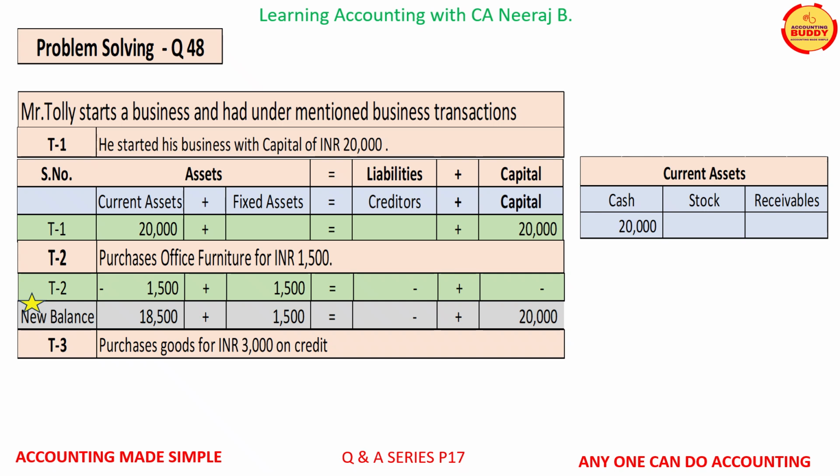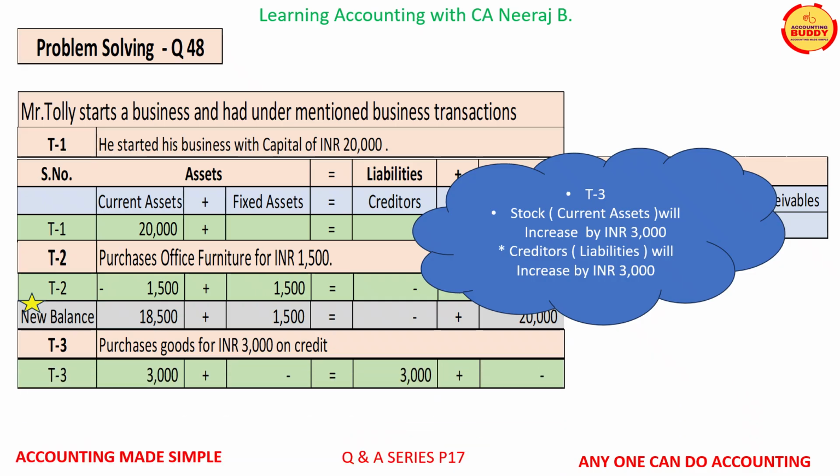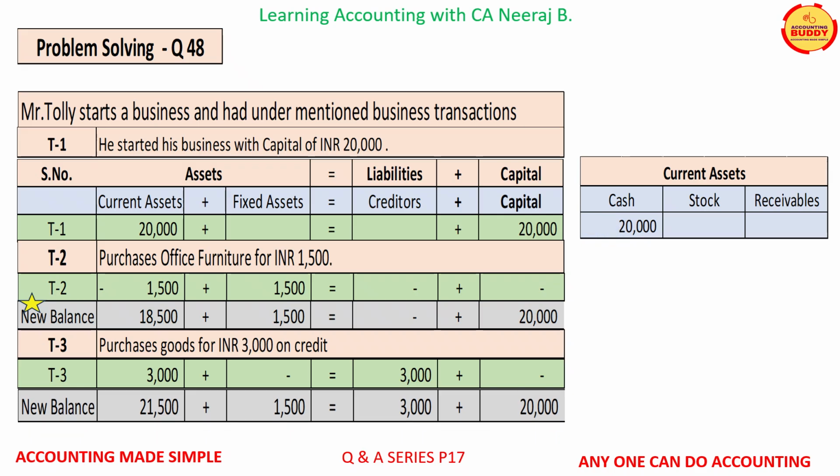Under transaction T3, Mr. Tolly purchased goods worth 3,000 on credit. Two accounts which are getting affected by this transaction are number 1, stock, and number 2, creditors, as goods are purchased on credit. 3,000 will appear on the left hand side as the stock has increased, and the liability of 3,000, which has also increased, will appear on the right hand side of the accounting equation.